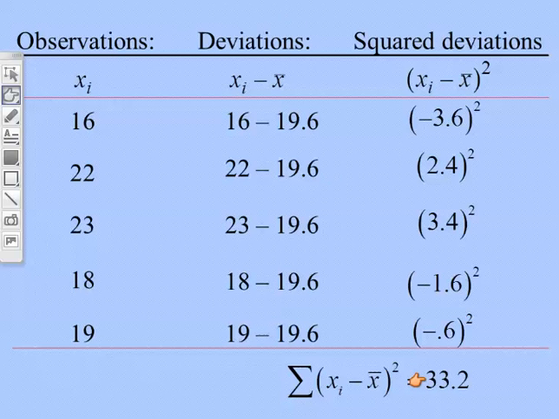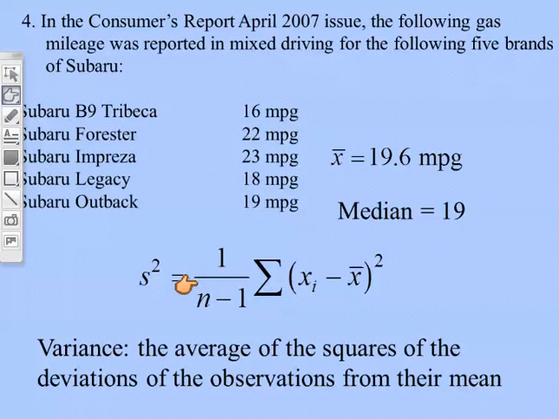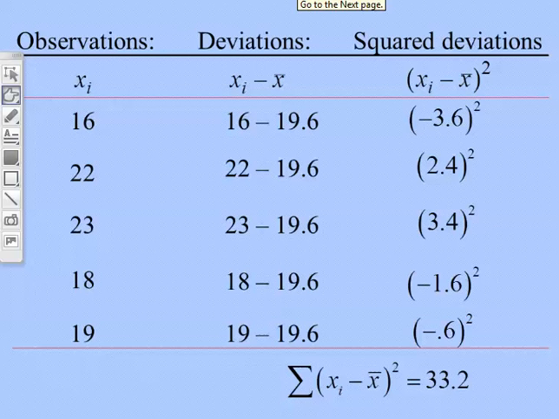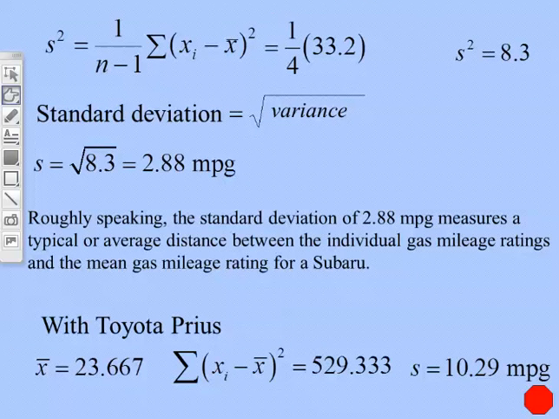Now, going back to that formula real quickly, you notice out here in the front it's got 1 over n minus 1. Well, there are 5 items here. So n is 5, minus 1 is 4, so I'm going to take 1/4 of that 33.2. So when I multiply 1/4 times 33.2, I get this number right here, 8.3. You notice how I listed that as s squared, because that's my variance.